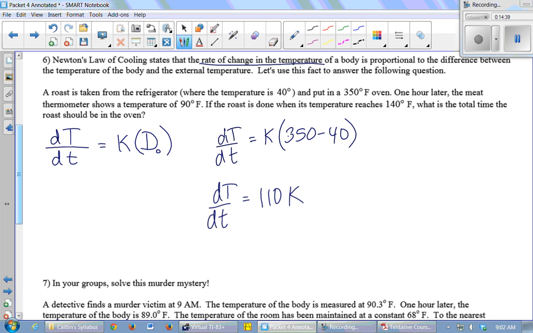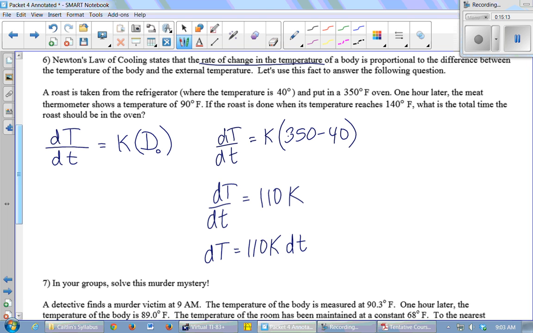What I really need is a formula for temperature at time t so that I can plug that in and get the K. So how do you solve this to get a formula for T, capital T, with respect to time? I can separate and solve. Yep, so we should multiply both sides by dt, little d little t. So I have capital dT equals 310K, which is just a constant, dt.